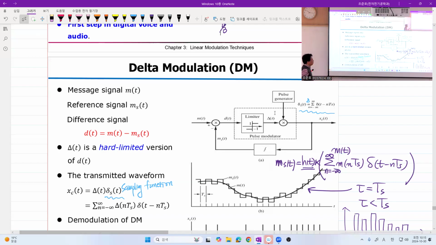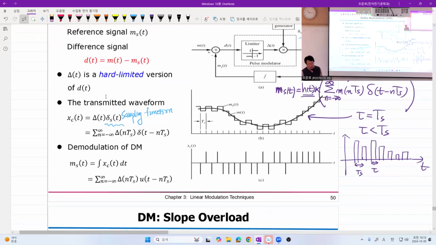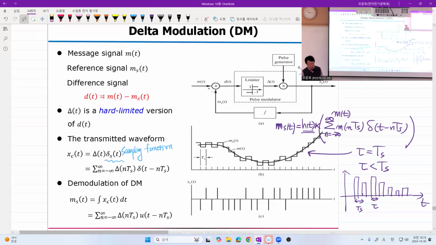Then you may encode the residual only. There are many different ways to do this delta modulation. Delta means difference. This is so confusing, so just regard it this way: you sample the signal first, compute the difference, and encode the difference.